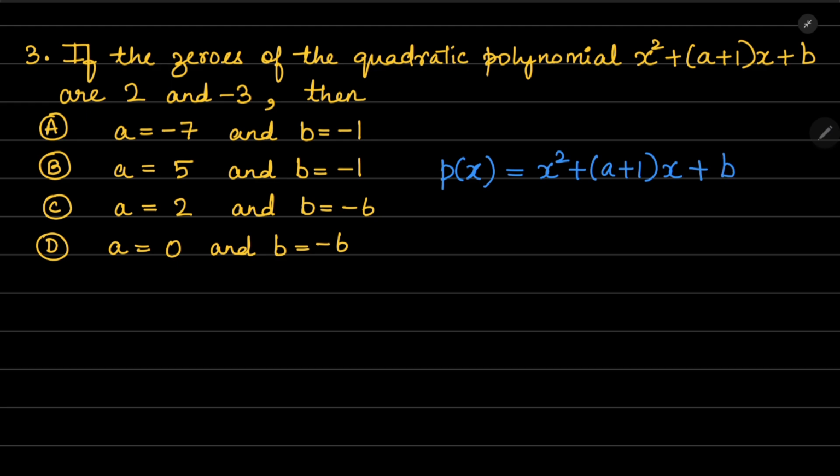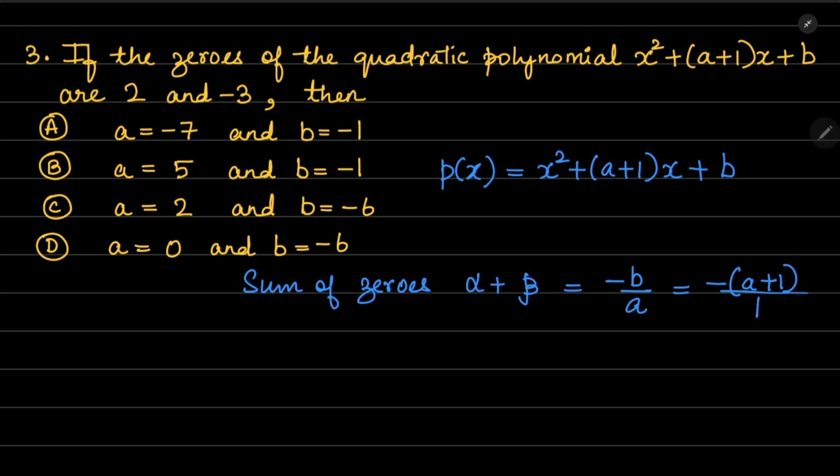You are given the zeros, right? Now, let's find out the sum of the zeros. What is the formula? Alpha plus beta is equal to minus b by a. So what is minus b by a? Minus of (a plus 1) divided by 1. Right? Now, the zeros are already given, 2 and minus 3, so let us substitute that.